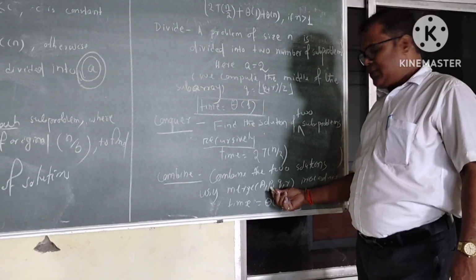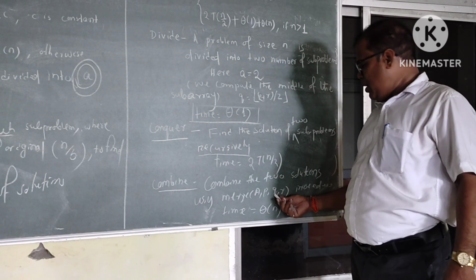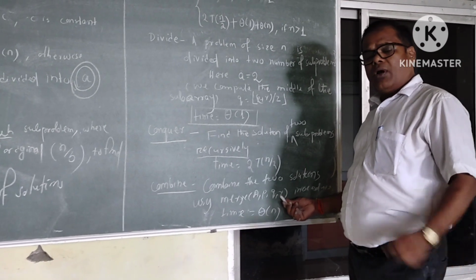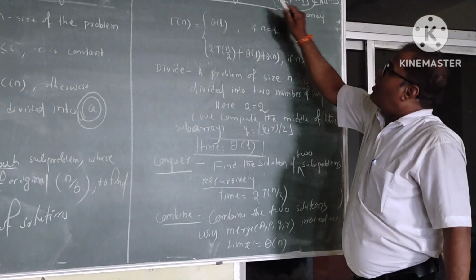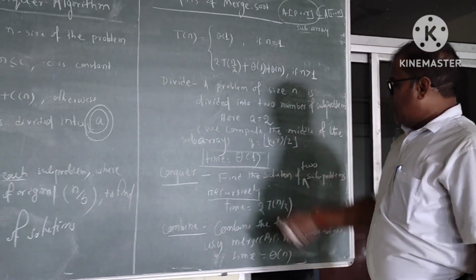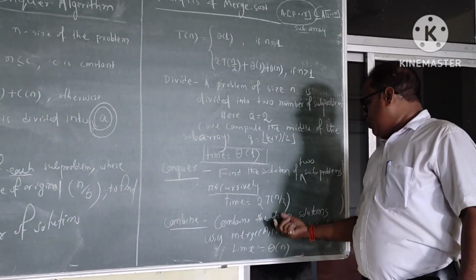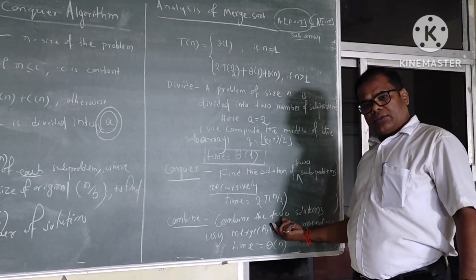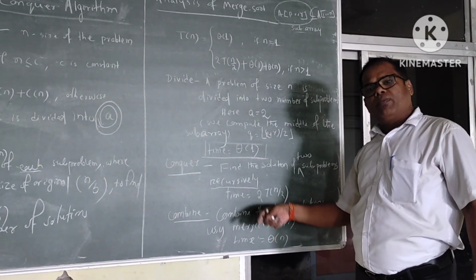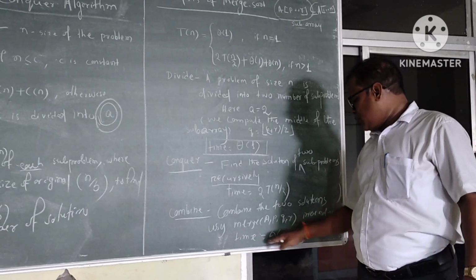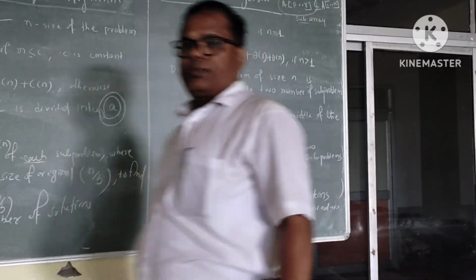Q is the middle index of the subarray, and R is the end index of the subarray, because we are only discussing the subarray since it is a recursive approach. So what is the time? When you divide the problem into two parts, each problem size is n by 2, so the time will be n by 2 plus n by 2. Hence the time is theta n. So that's it.